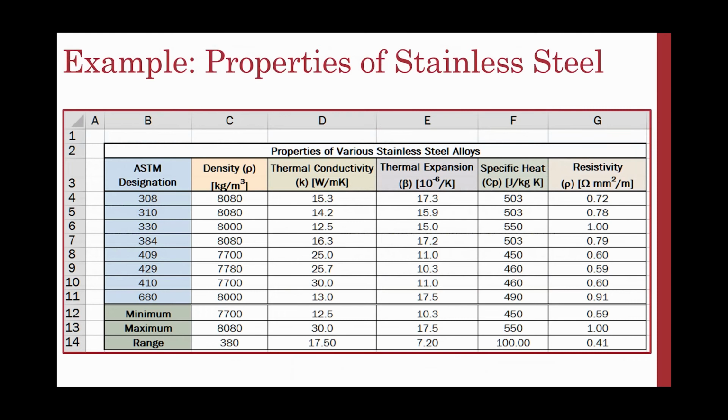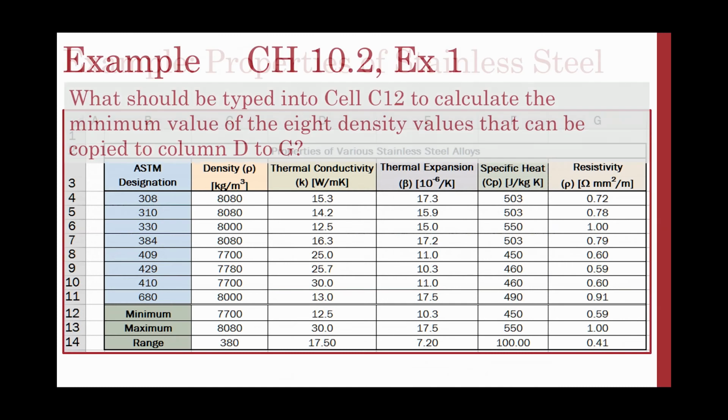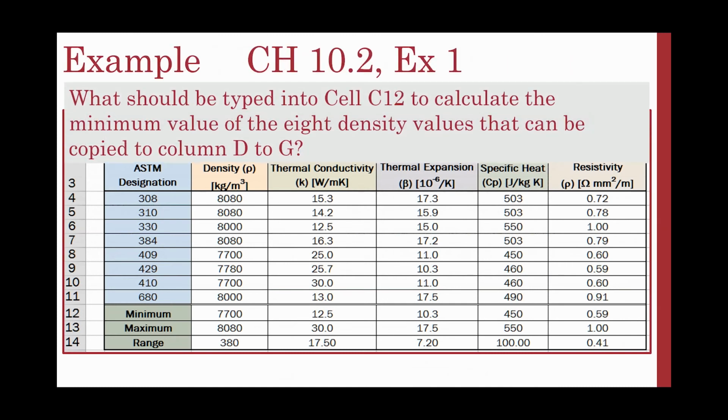We have the properties of stainless steel listed here in a table, where we have the density in column C, the thermal conductivity in column D, the thermal expansion in column E, the specific heat in column F, and the resistivity in column G. What should we type into cell C12 to calculate the minimum value of the 8 densities that can also be copied to column D to G? So we're going to use a function and cell addressing.